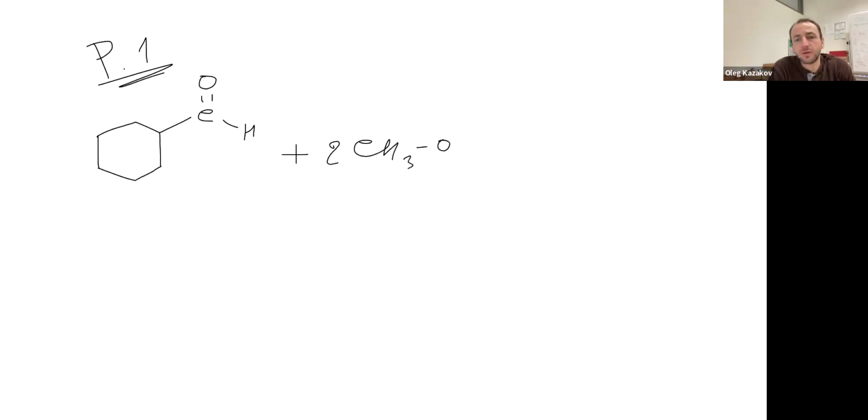We're going to carry out this reaction in acidic conditions, which are signified with H plus here. So what are we going to do? Once we react the aldehyde with two molecules of a certain alcohol, we are going to remember, what are we going to make?